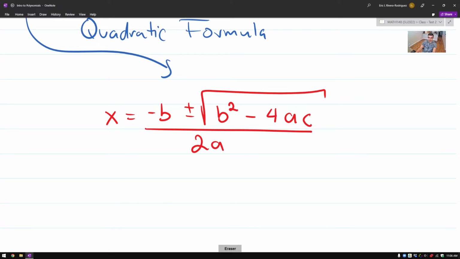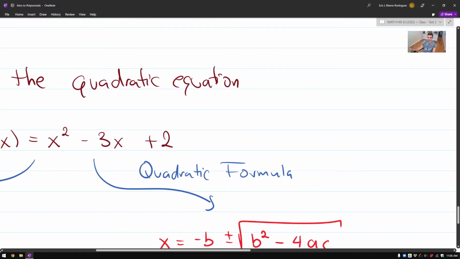Let me write here the standard form of a quadratic equation. A quadratic equation has this form: ax squared plus bx plus c. So this is the general standard form of the quadratic equation, where a, b, and c are its coefficients.